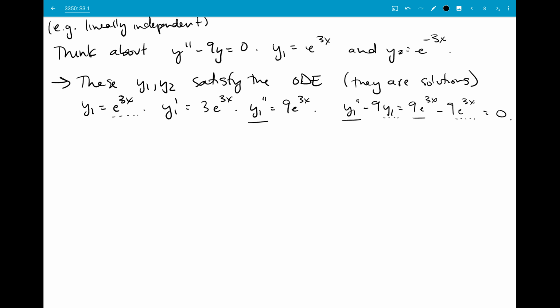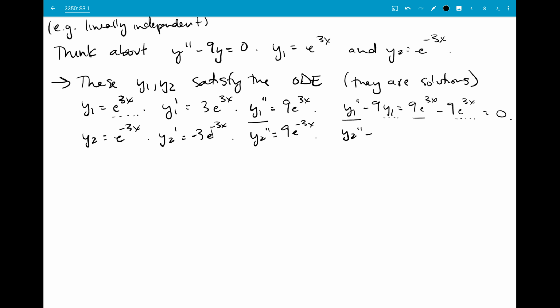And the same thing is going to happen with e to the minus 3x because of negatives multiplying together, but we'll do it real quick. y2 is e to the minus 3x. So y2 prime is minus 3 e to the minus 3x. And y2 double prime is minus 3 times minus 3, which is 9 e to the minus 3x.